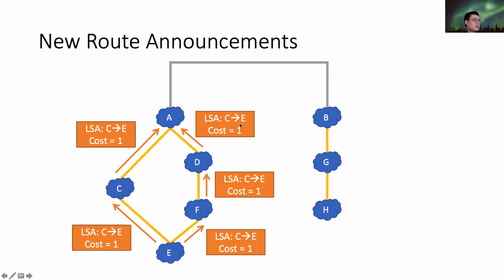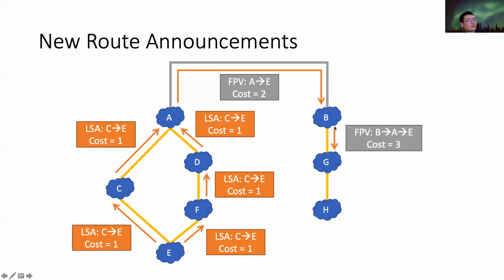When A sends out, I don't really care which path you take, whether ADFE or ACE. I just say, hey, I can deliver things to E, and the cost is 2, because now I have a new path. It hides all the information inside this triangle.